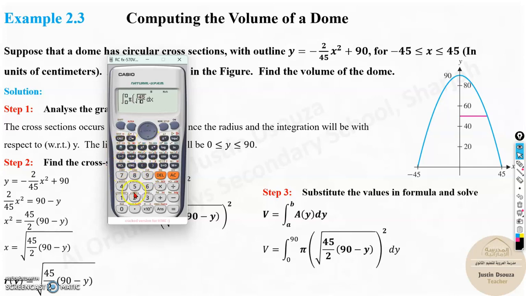This 45 divided by 2, multiply it with 90 minus, you can't have dy over here, just use x, but you must know that it is y over here, and use the brackets appropriately and then square, and the limits are from 0 to 90, and this is your answer.